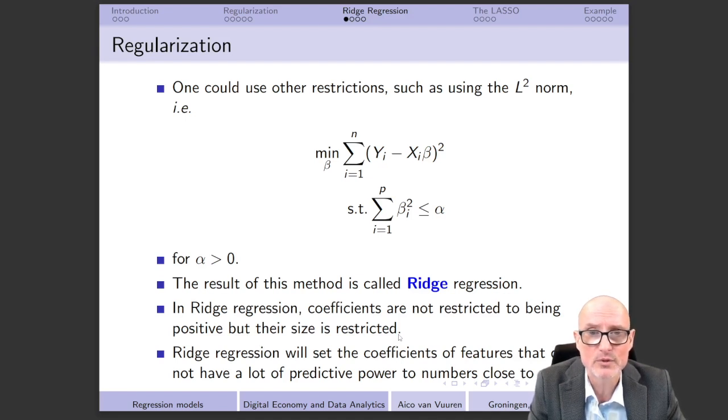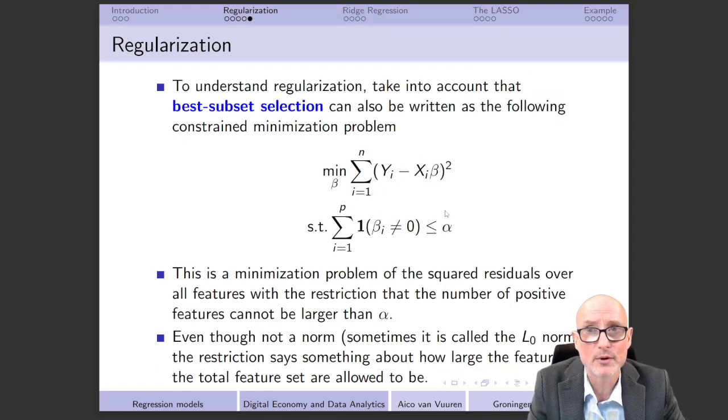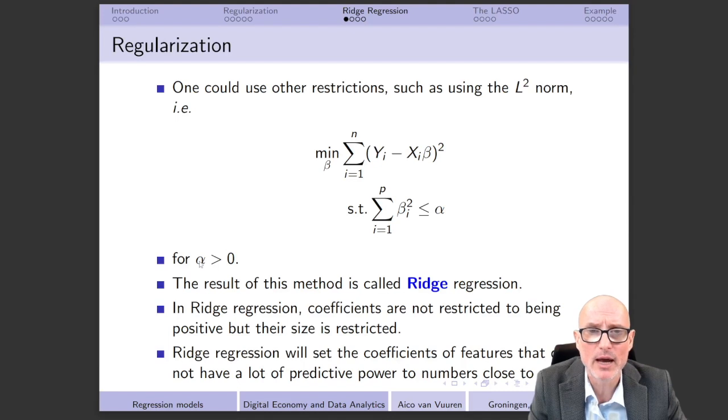And take into account another thing: unlike what we had in the previous slide with respect to best subset selection, where alpha did have a nice interpretation, namely how many betas can be different from 0, such an interpretation we don't have anymore when we look at ridge regression, because this alpha doesn't have any kind of interpretation.